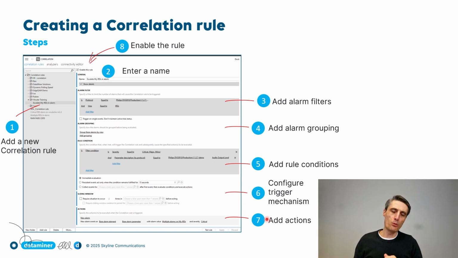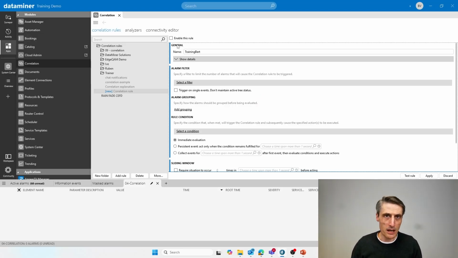But one important step there is step 8, and that is something you cannot forget: to enable the rule. By default, if you create a new correlation rule, let's check it out, my correlation rule is not enabled, so you can see the enable is not activated. That's why it's also still in a gray font and not in a black font like the rain fade.